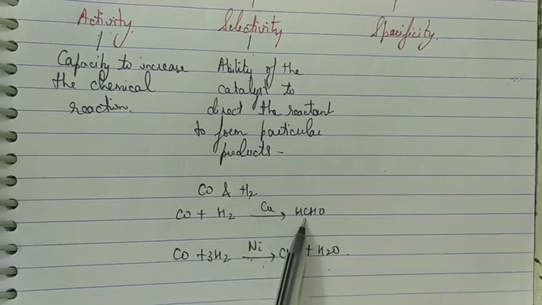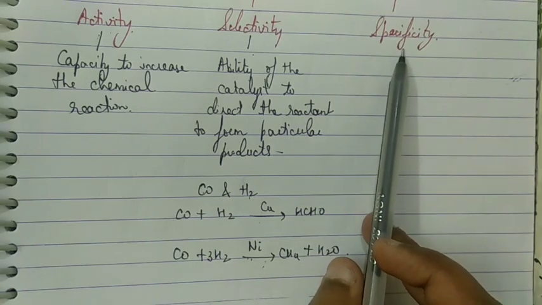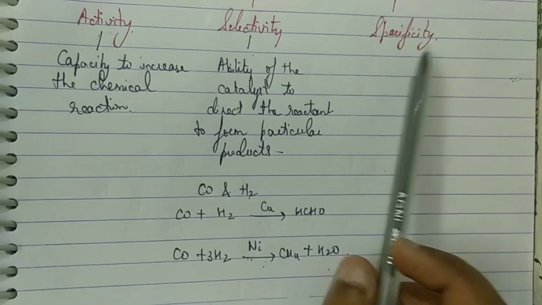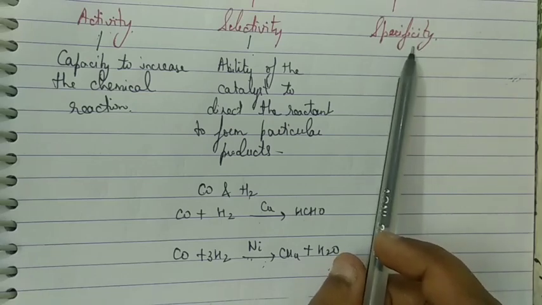The next one is specificity. It means that catalysts are basically specific in nature. It is highly specific in nature. That is, a given substance can act as a catalyst only in a particular reaction and not for all the reactions.